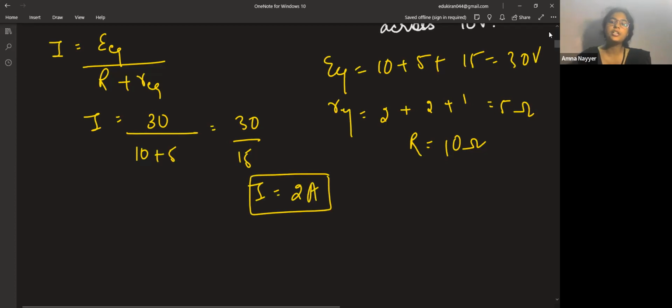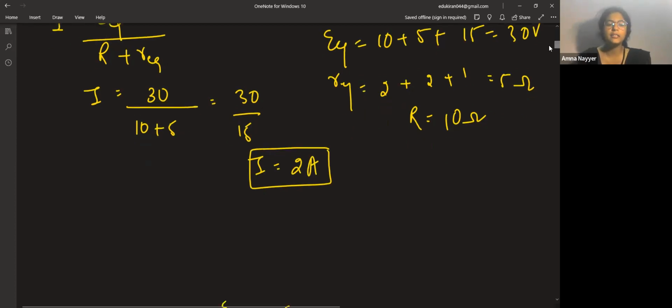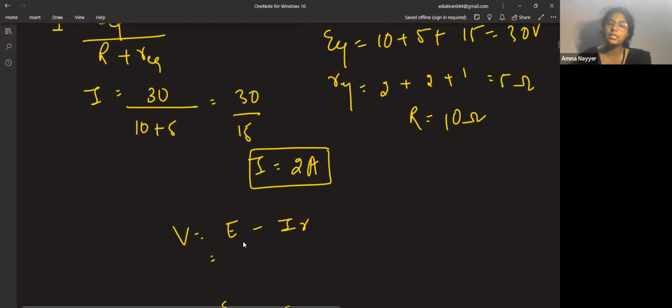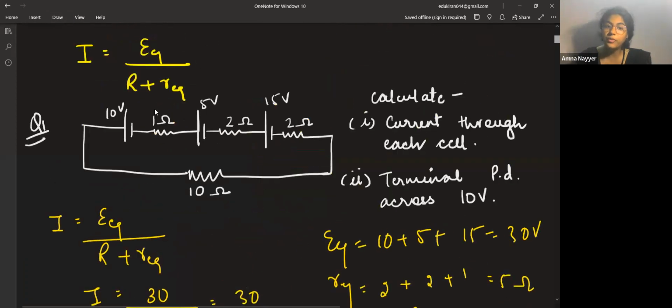The second part says potential difference across the 10 volt cell. Again, terminal potential difference, use the formula V is equal to E minus Ir. Now the EMF you will take as 10 volt, not 30, because you are calculating it across the 10 volt cell. So 10 minus 2 into, what is the internal resistance for this cell? It's 1.